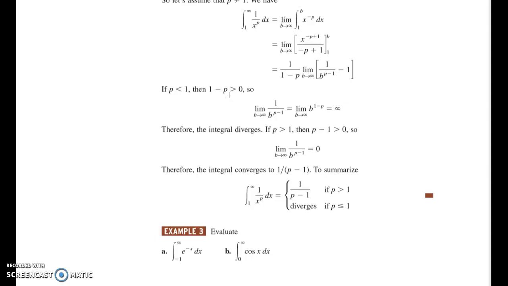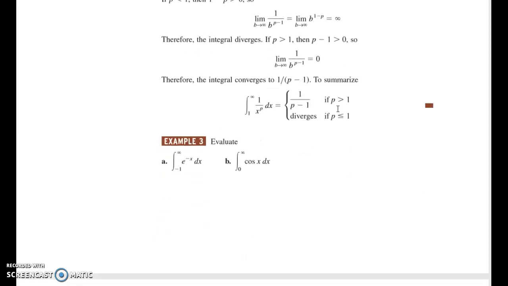So if p is less than 1, then 1 minus p is greater than 0. Limit b tends to infinity 1 by b raised to p minus 1 equals limit b tends to infinity b raised to 1 minus p, which is equal to infinity. Therefore, the integral diverges. If p is greater than 1, then p minus 1 is greater than 0.